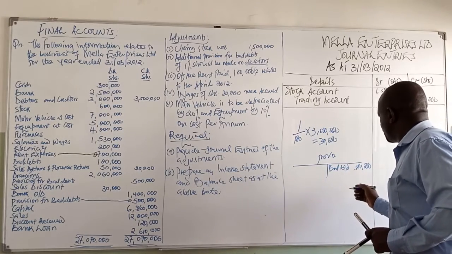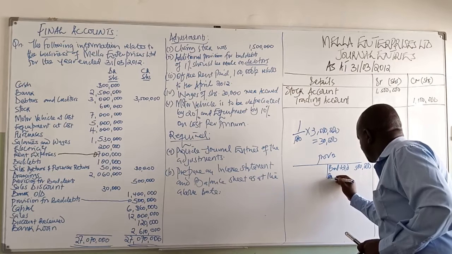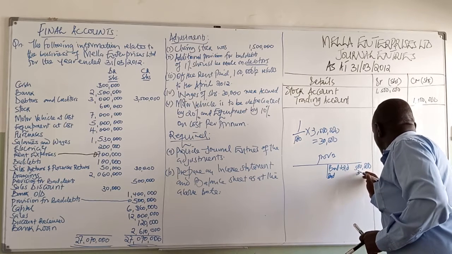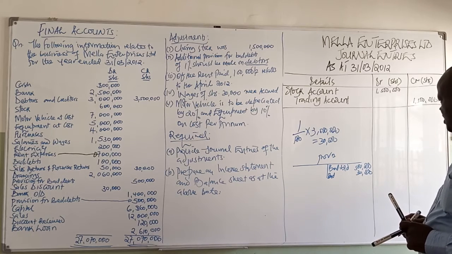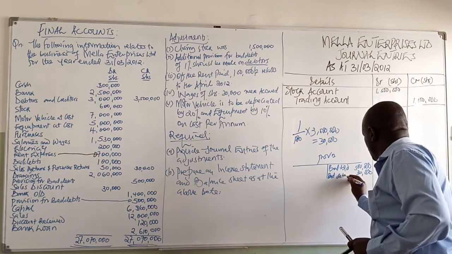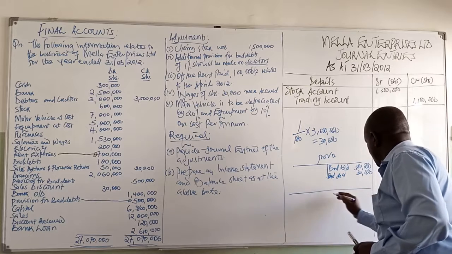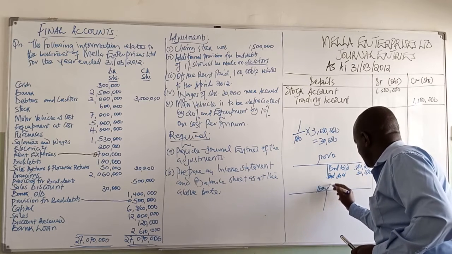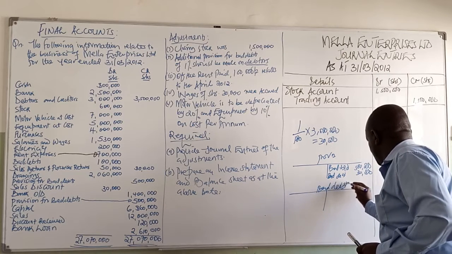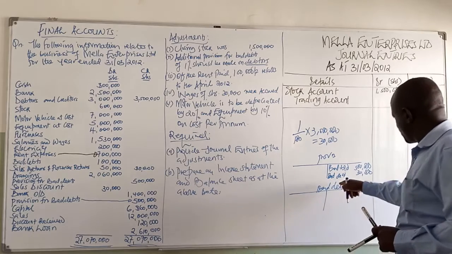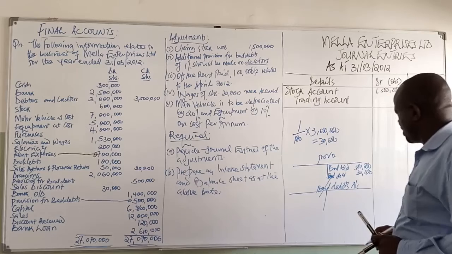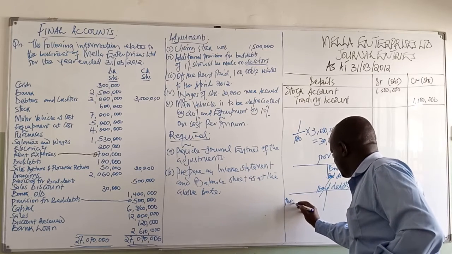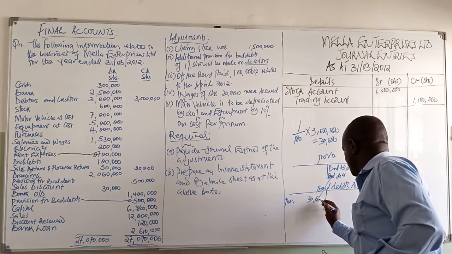So we are going to put here bad debts, because when you increase, it means now we are increasing the charges of bad debts. That is like that, 30,000. And this one will go now to bad debts account. We are going to say bad debts account. And now because we are creating provision for bad debts, under double entry, it will come this one to say provision for bad debt 30,000.